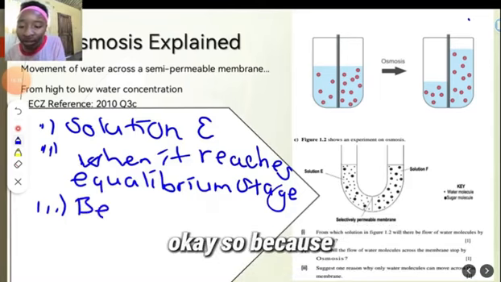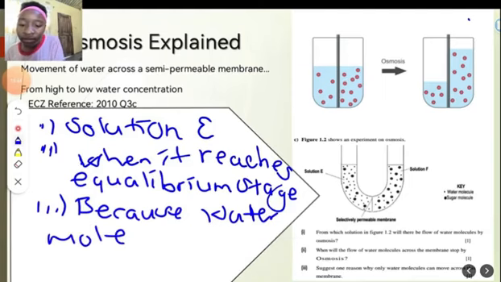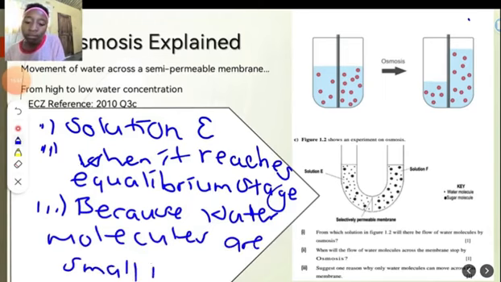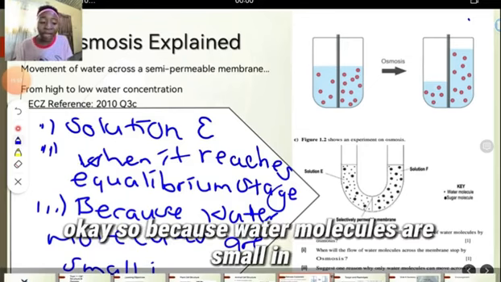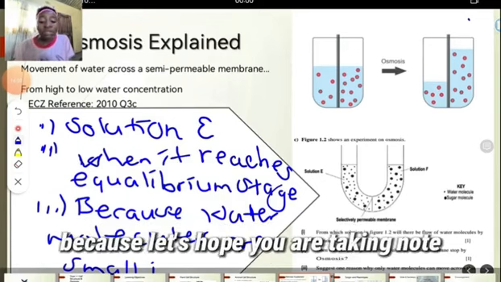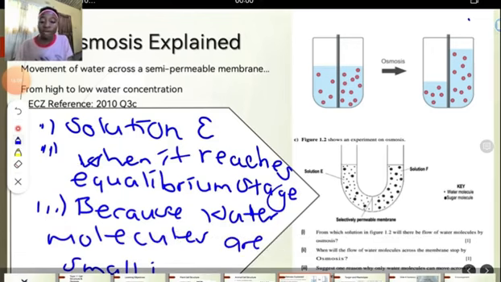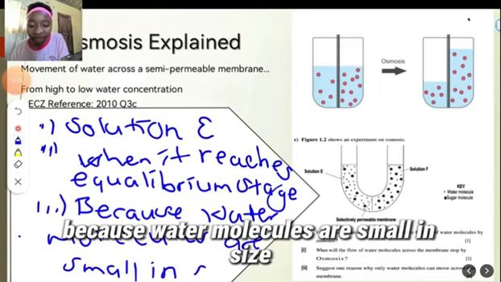So because water molecules, let's hope you are taking notes, because water molecules are small in size.